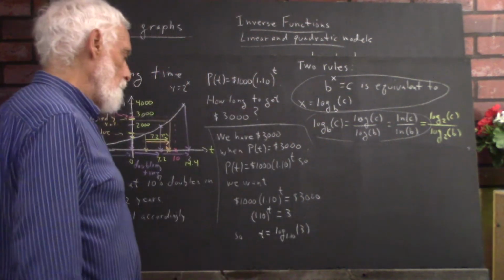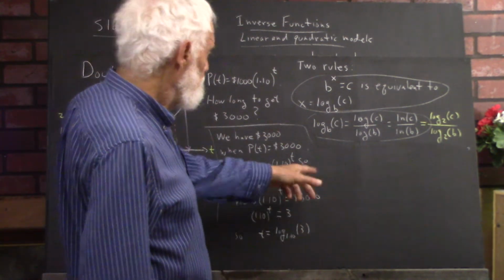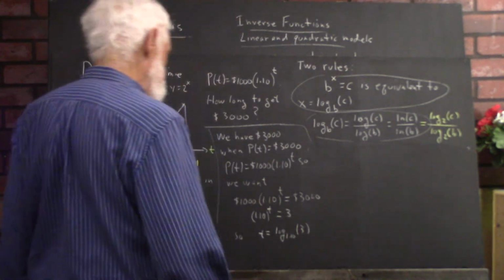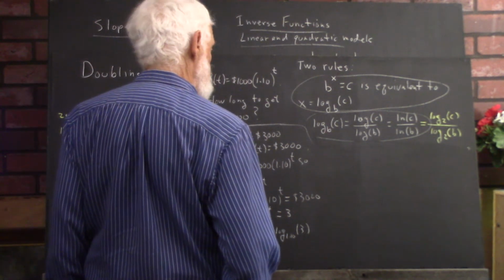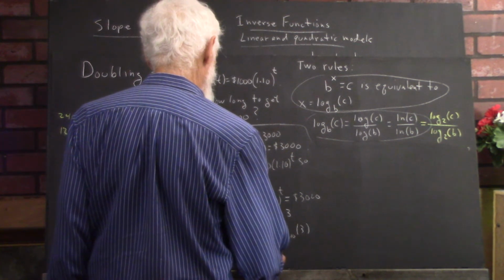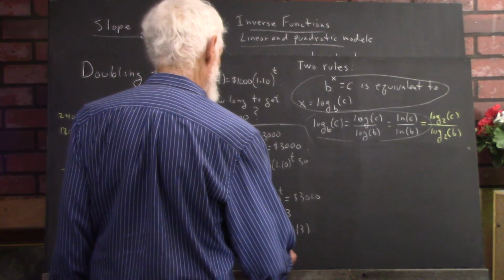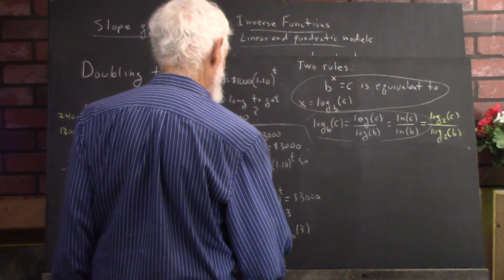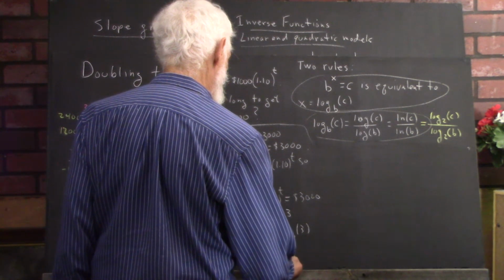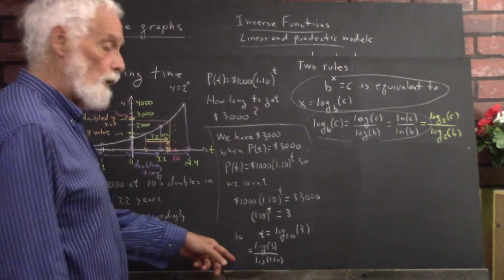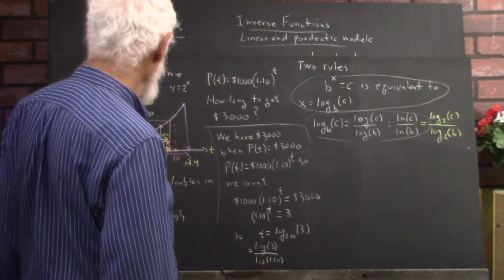Well, we don't have a graph of the log of 1.10, so we're going to use the second rule and do log of 3 divided by the log of 1.10. And we're going to see what that's equal to.